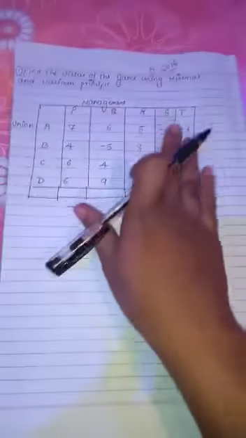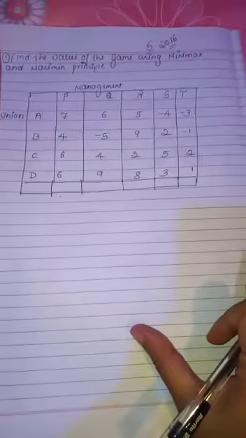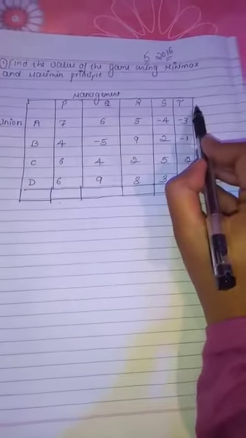In this case, the game is related to pure strategies. The problem is very easy because with the help of column maxima and row minima, we are going to find the value of the game, that is, the saddle point.